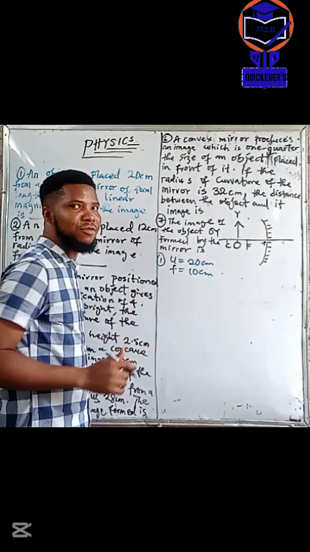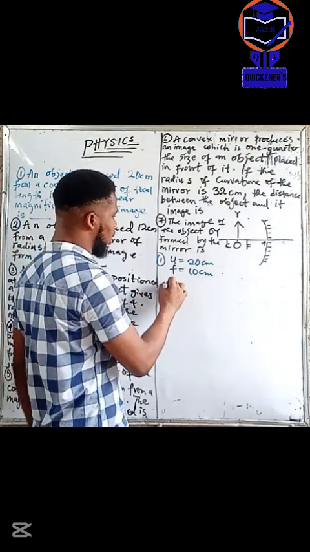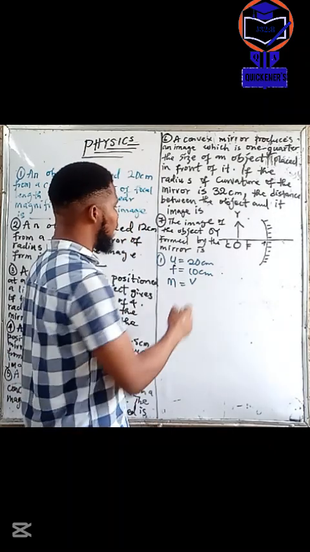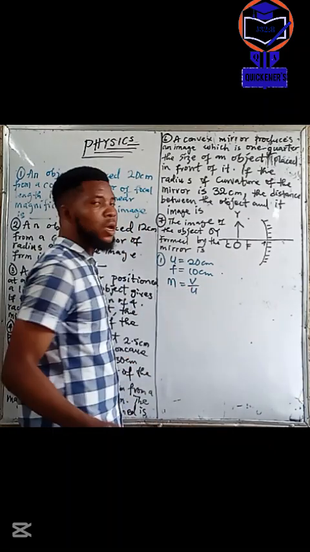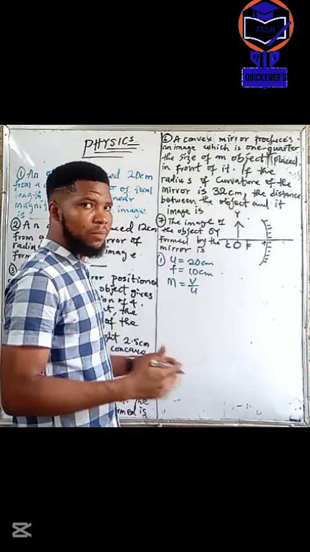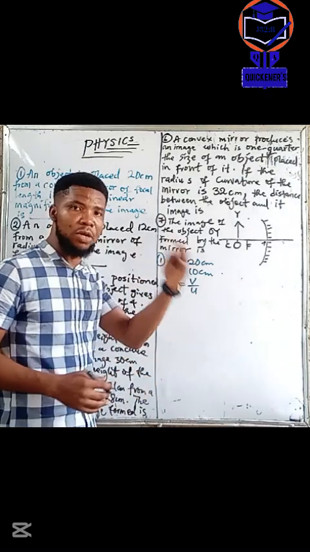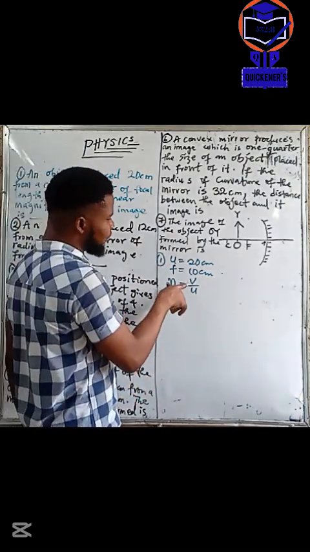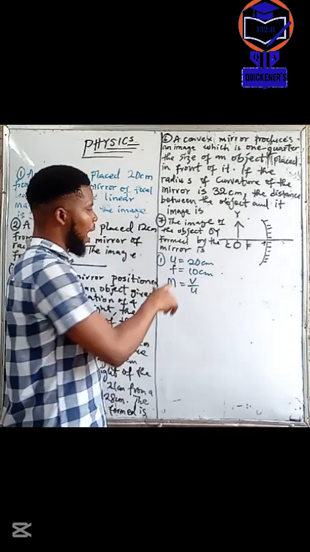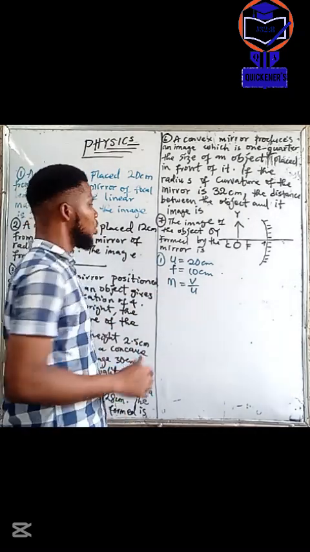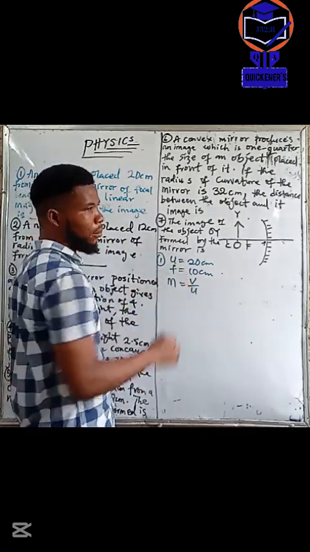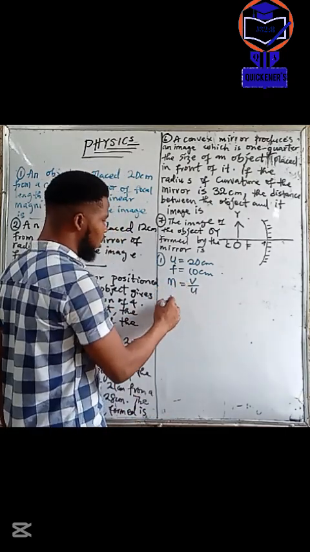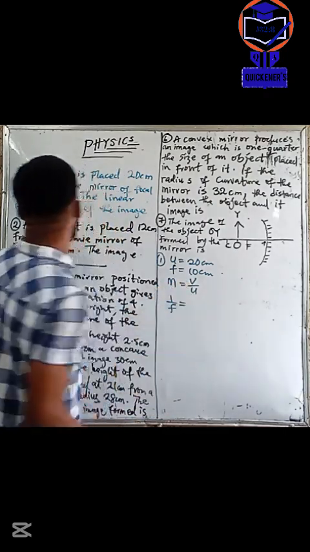So how do we get magnification? Remember, the formula for magnification is image height over object height, or image distance over object distance. That is the distance of the image to the mirror, okay? Now, we don't have the image distance, but we have our focal length, okay? So you can just quickly apply this formula to get your image distance.